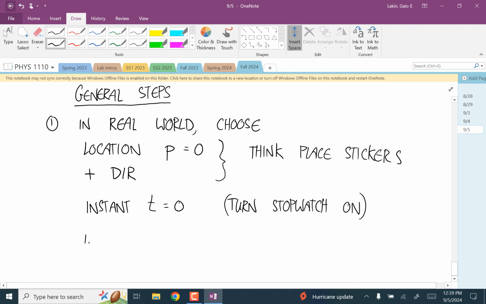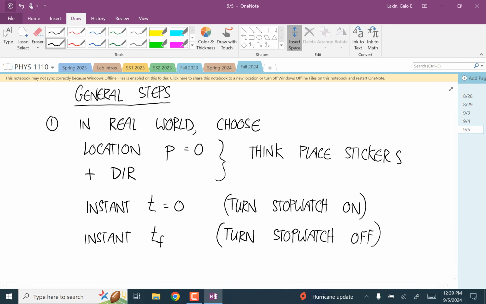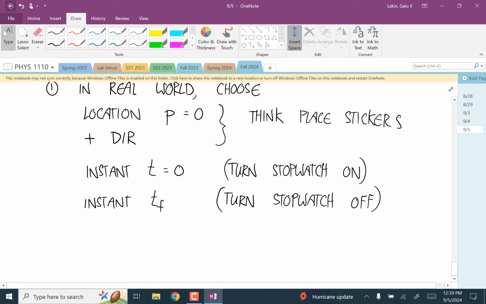And we're going to choose an instant, time final. And that's when we're going to turn the stopwatch off. And when we turn the stopwatch off, it says some number of seconds, 8 seconds or 9.6 seconds or something.